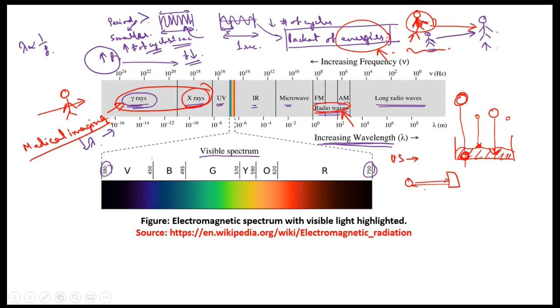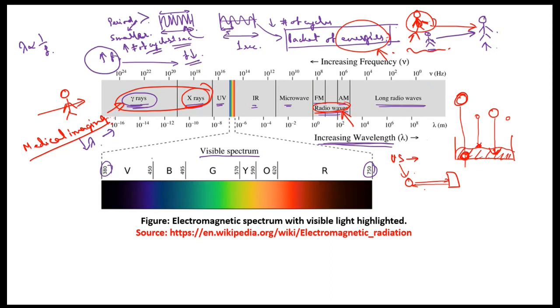This obstacle may be a human body or may not be. In this way you are able to detect the presence of matter in a non-destructive way. Non-destructive means it will not create any harm to the human body also. And these ultrasound generators can be easily used for human imaging and all these things, right?